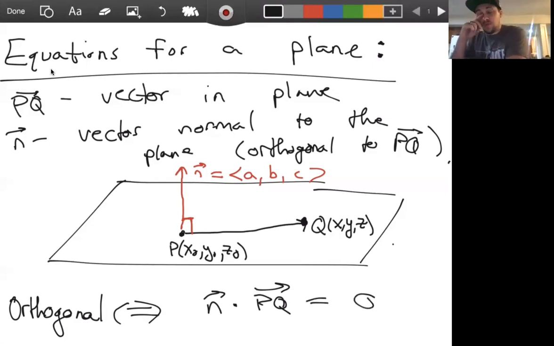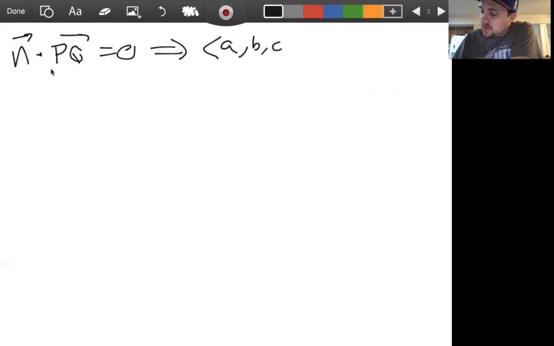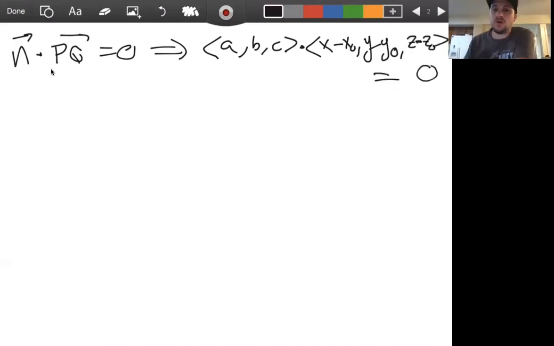And so let's expand what it means for the dot product to be 0 here. In component form, we're writing n as ABC dot PQ, which is x minus x naught, y minus y naught, z minus z naught. And we know that this should be equal to 0 because they're orthogonal.